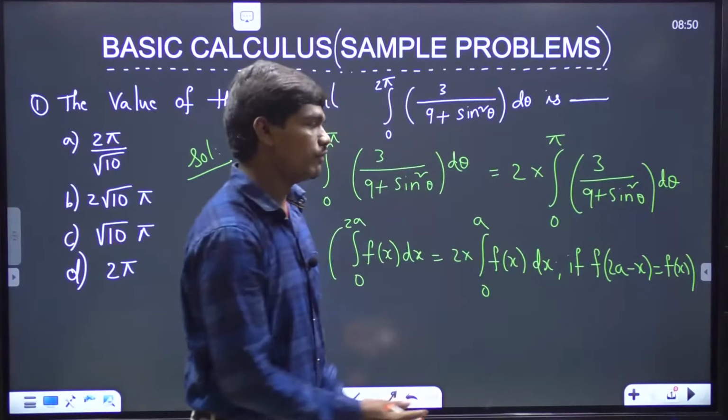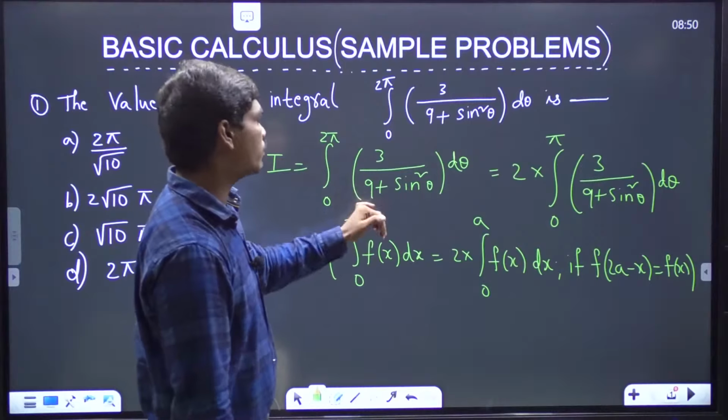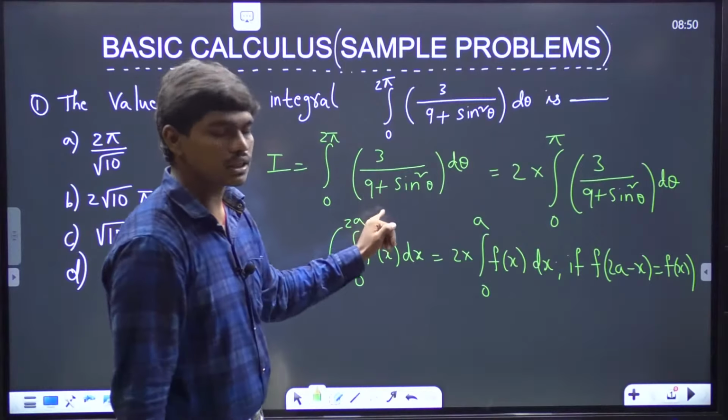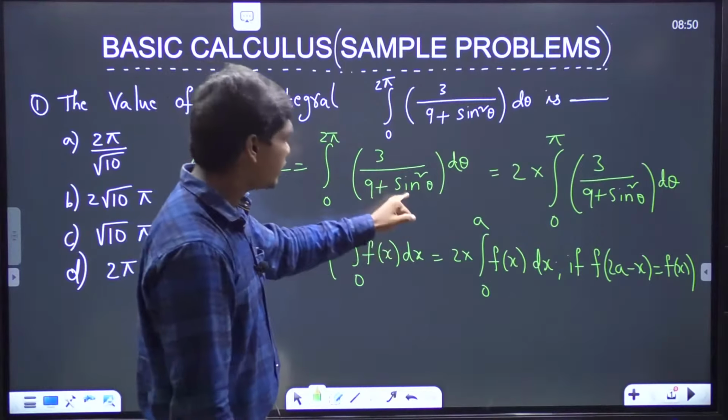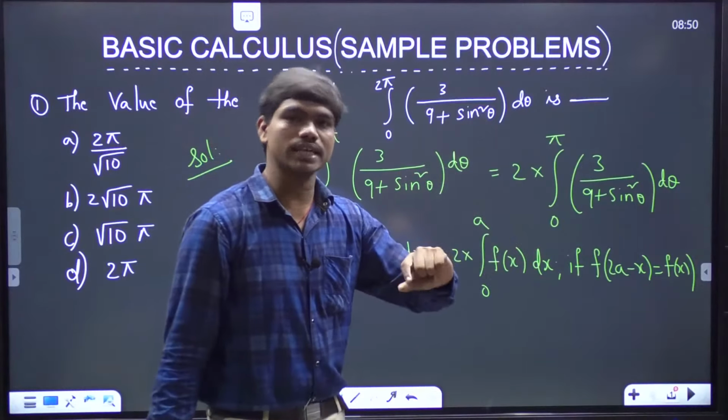I gave you this property during definite integrals, correct? Here, 3 is a constant and 9 is a constant, so there is no issue so far. But if you put sine of 2 pi minus theta, it is minus sine theta actually.